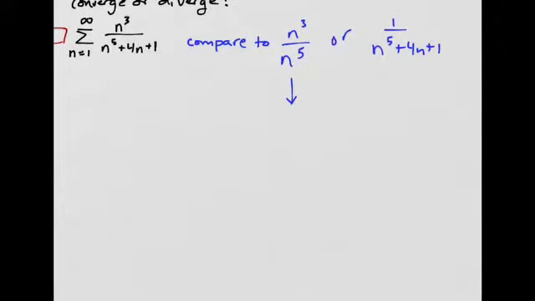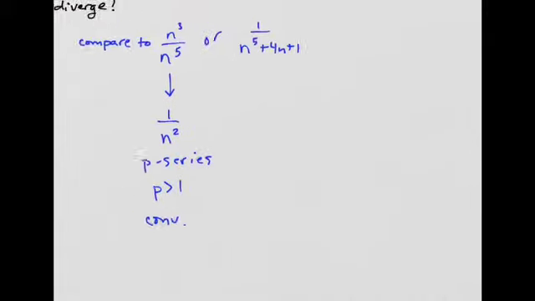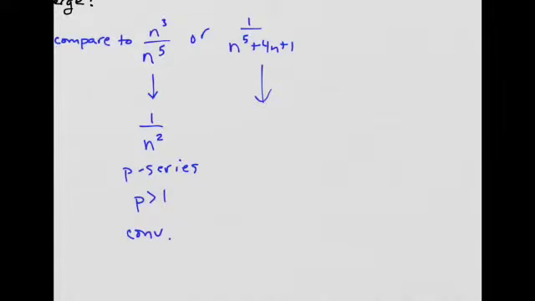So I'm going to simplify this now. And this becomes 1 over n squared. And if I look at a series involving that, this is a p series where p is greater than 1, so this must converge. Great. And then I'm going to look at this. Maybe I could factor. Maybe it's a telescoping series.